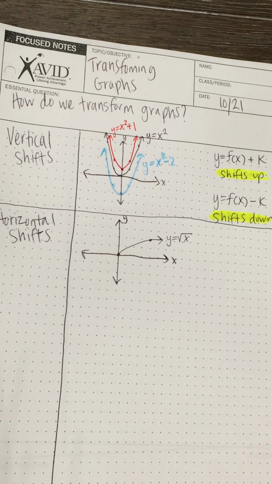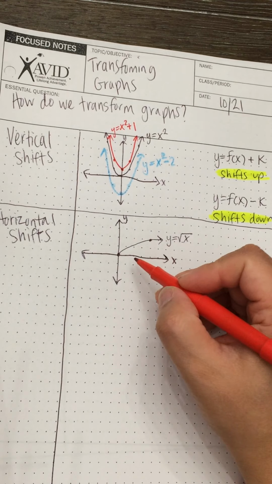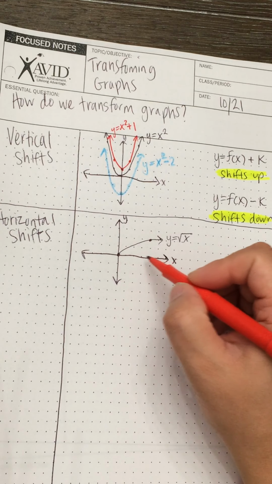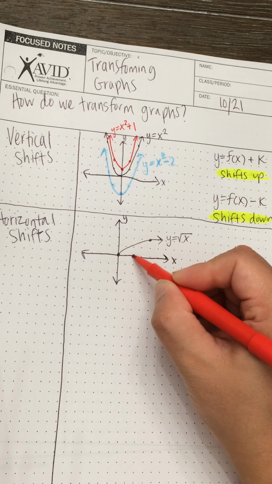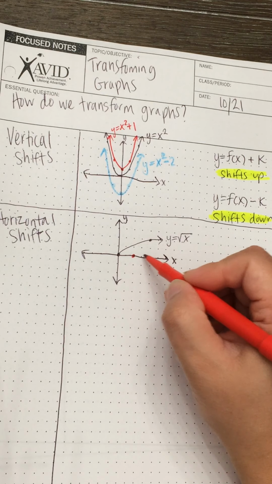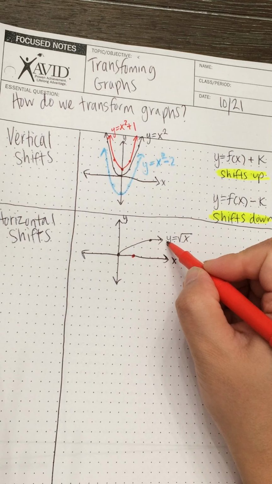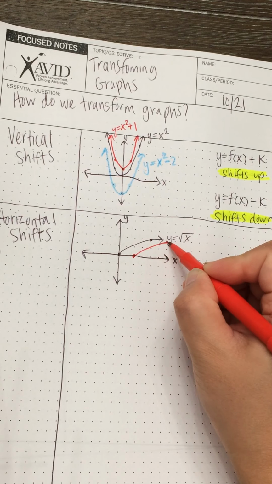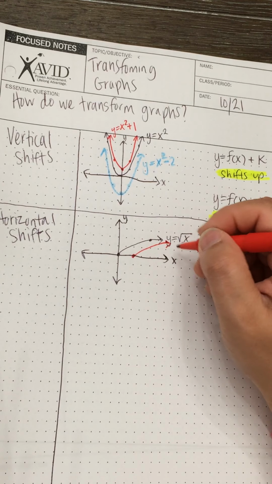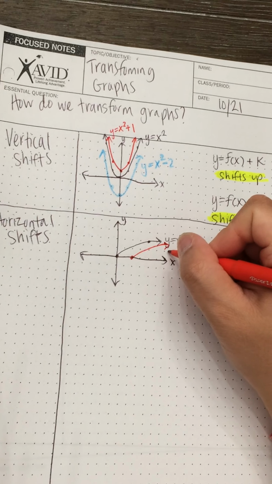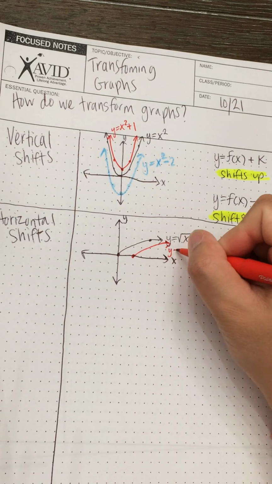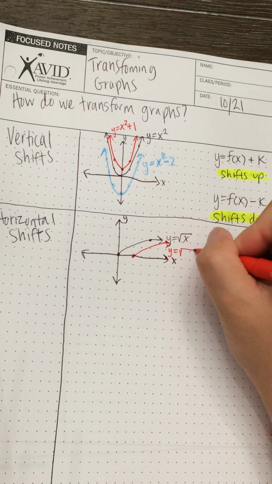All right. So how do we make this function shift to the right? Let's say it moved 2 to the right. So somewhere over here. So this is y equals, what makes it shift to the right?